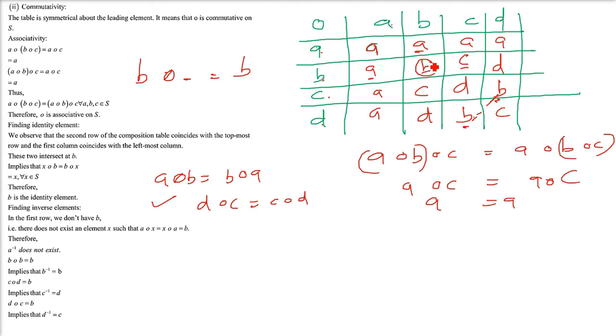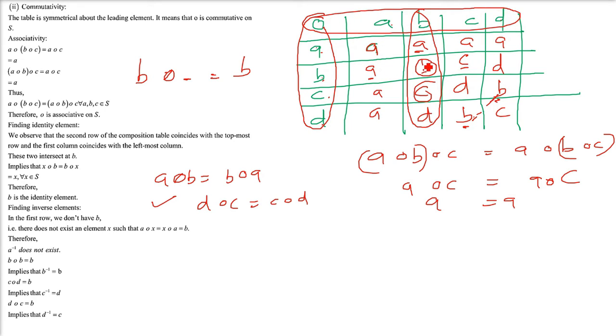If you see here, the first column and third column are same, and the first row and third row are same, and they are operating with B. So the identity element is B. You can just take the intersection of the same row and column, and you'll get the identity element.